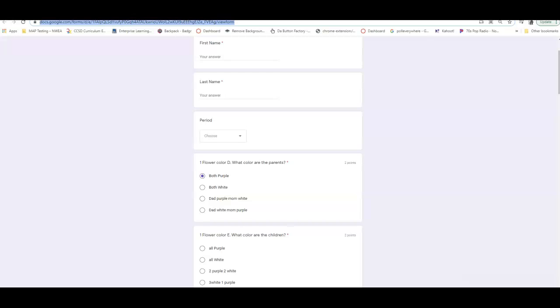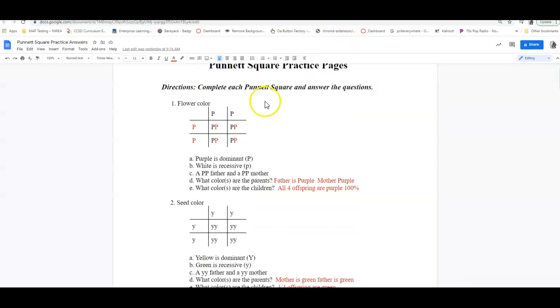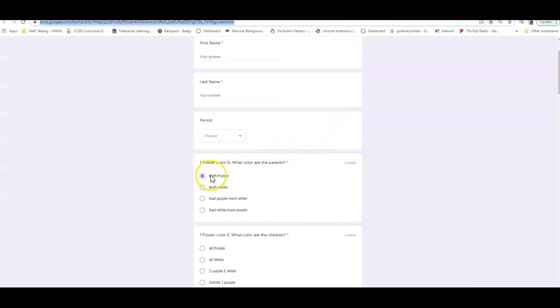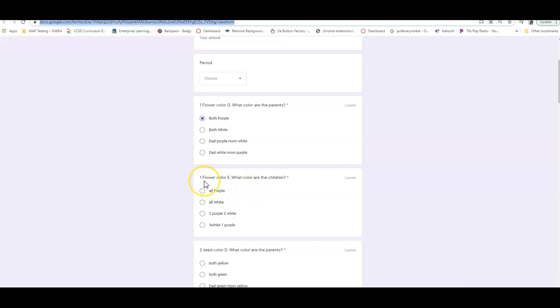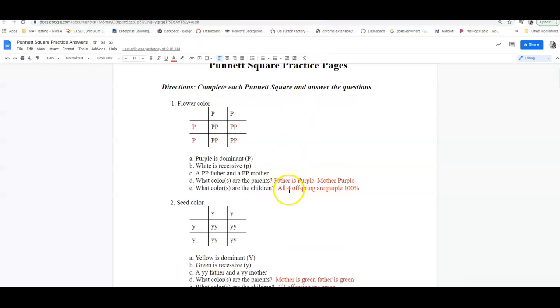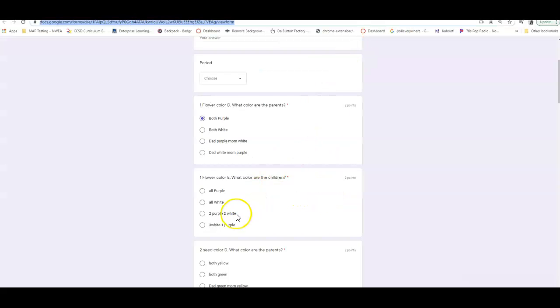My choices are, okay, father's purple, mother's purple, so I'm going to click off both purple. Then the next question is number 1, flower color. What is the color of the children? I have all 4 offspring are purple. So all purple.